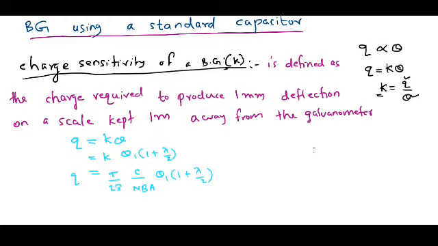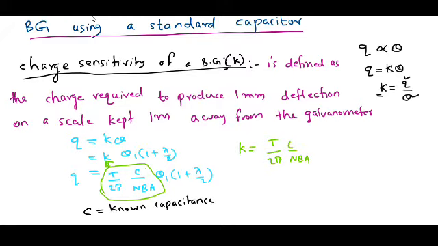We have derived this expression in the last lecture. The whole quantity, T into C by 2 pi N B A, this is our K. Fine. Here C is a non-capacitance. I will show you the experimental setup to measure the value of K, that is, the charge sensitivity.